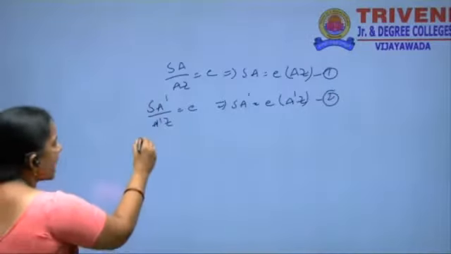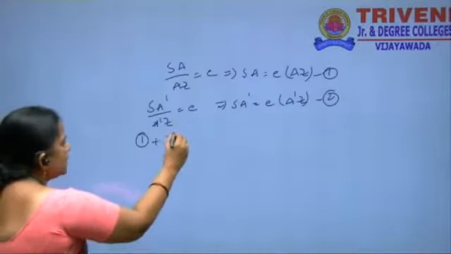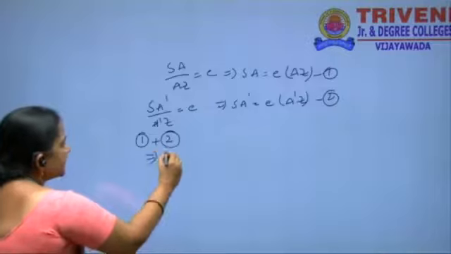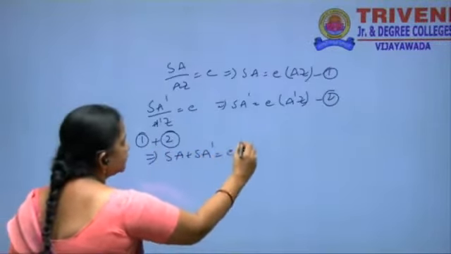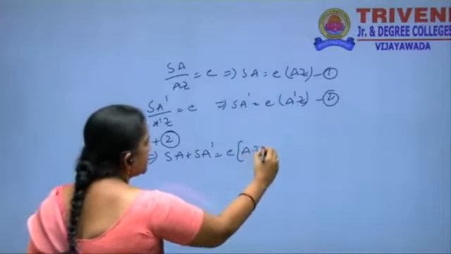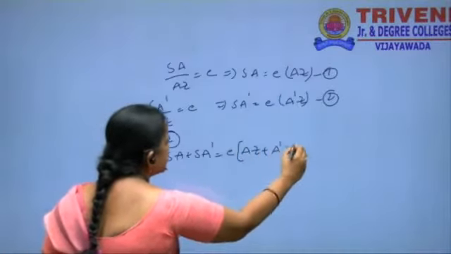Then we add these two: SA plus SA dash is equal to E into (AZ plus A dash Z).